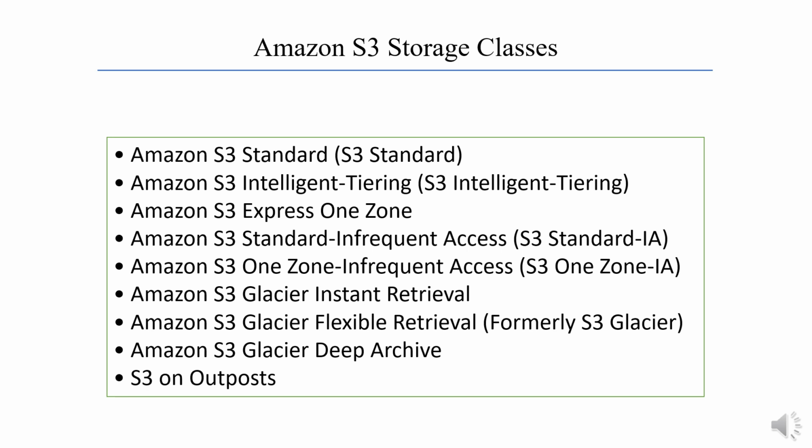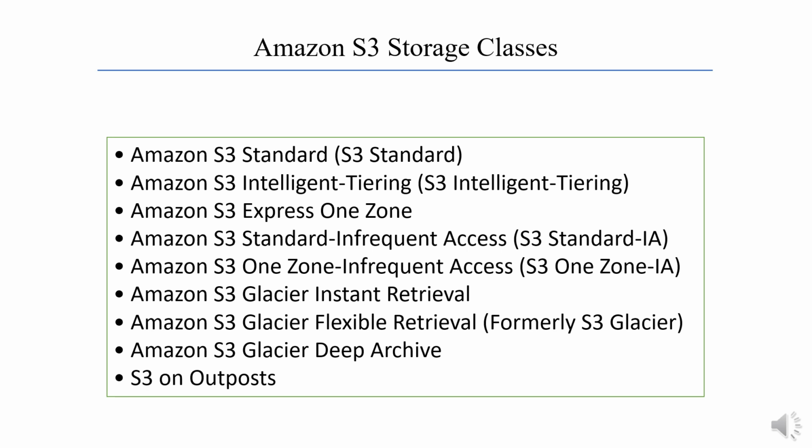Amazon S3 Intelligent Tiering. S3 Intelligent Tiering is good for unknown or changing access. In other words, when data access pattern is unknown, then this storage class is a good choice.